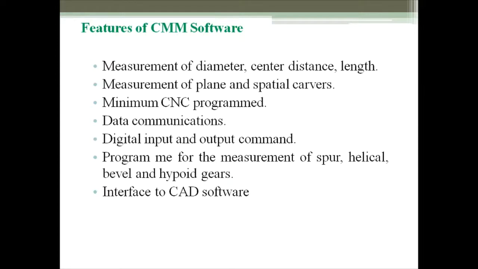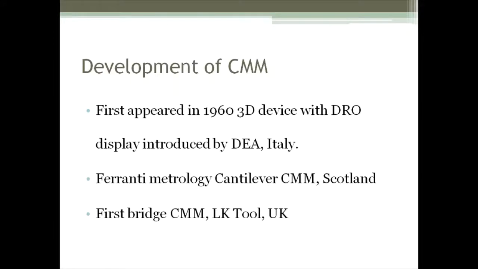Now next we are going to see the development of CMM. The CMM, that is the coordinate measuring machine, first appeared in the 1960s, and the CMM industry just started in that span.